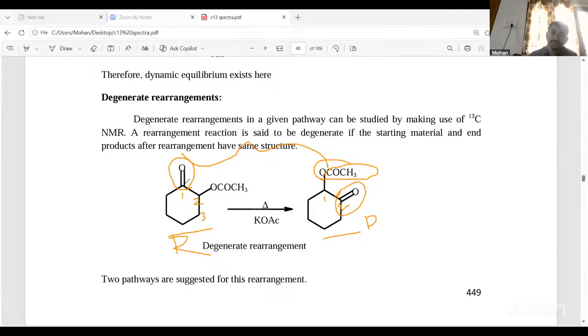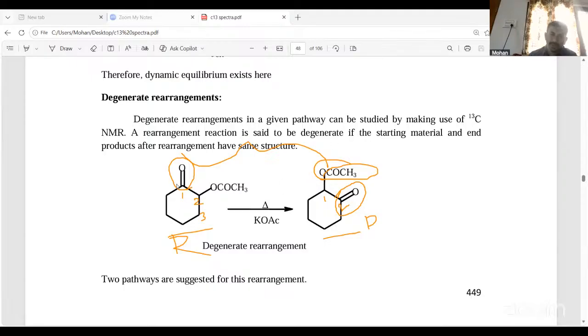So for the conversion to this product, the structure is the same. Only the position is changed, but the structure is the same here, isn't it?